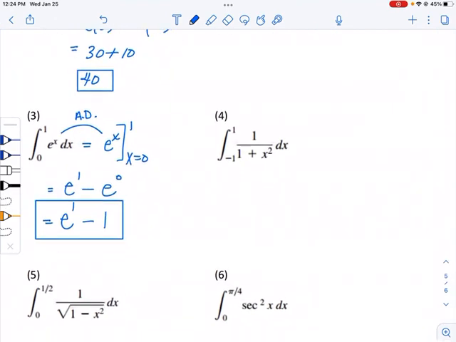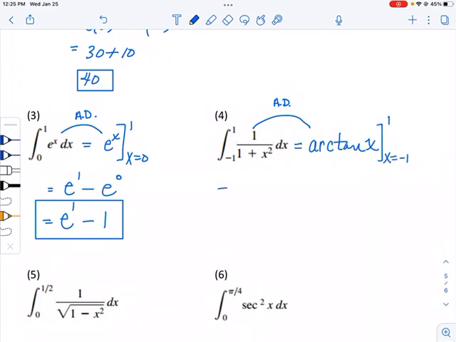So you should recognize that if you're thinking about the antiderivative, whatever you find, then the derivative of that is going to be 1 over 1 plus x squared. So you probably recognize this one as arctan. So this is going to be arctan of just the regular x, because a is equal to 1 here. So arctan x, and then you would evaluate that from x is equal to -1 to 1.